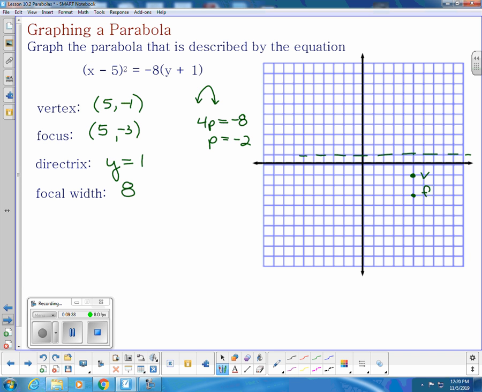My focal width is 8, which means from the focal point, I'm going to go 4 to the right, 4 to the left. The entire distance is like a diameter, and the distance here is a radius, half of that. So you're done. That makes sense? You able to find all those little pieces?